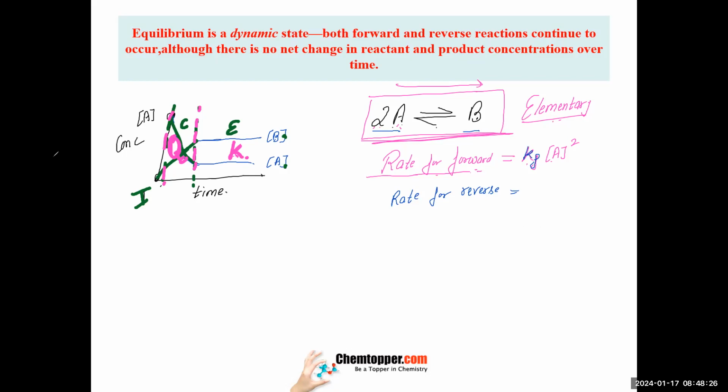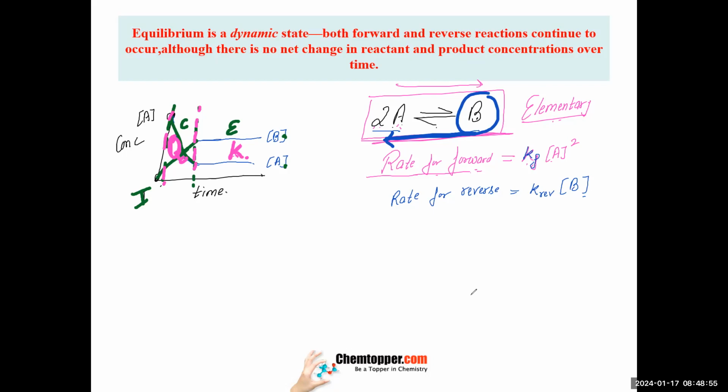For the reverse means, yes, Azuni, Aditi, and Lisa. Reverse means this. What is the reactant? B. Very good. But this time you're going to say K, and this is not the equilibrium constant. What is it? Rate constant. K reverse, concentration of B. Yes. Very good. Perfect explanation.